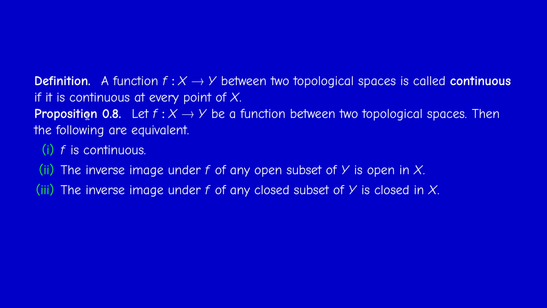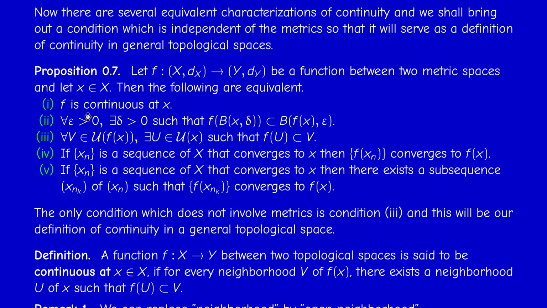Now I will end this subsection with a quick review about compactness and connectedness. But let me tell you something actually that didn't appear in the slides. If you go back to proposition 0.7, we have now the notion of continuity of function between topological spaces.